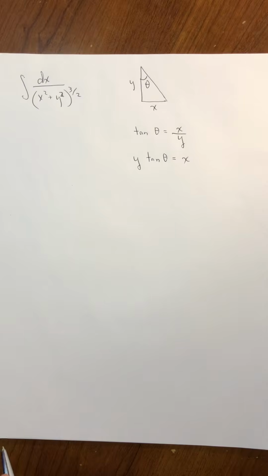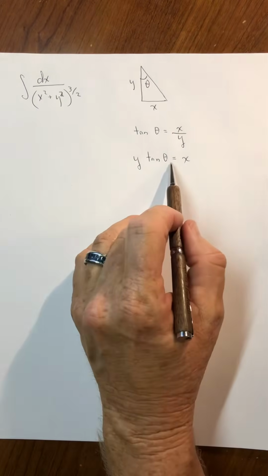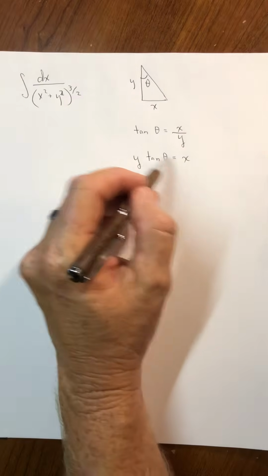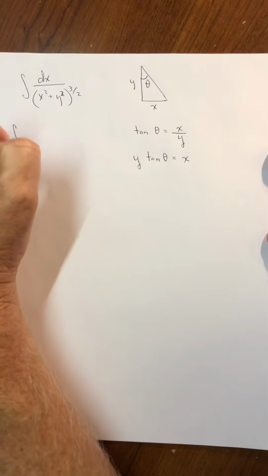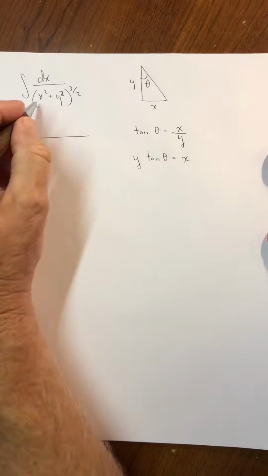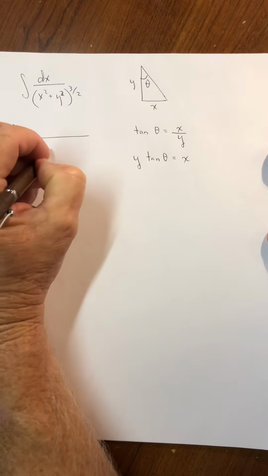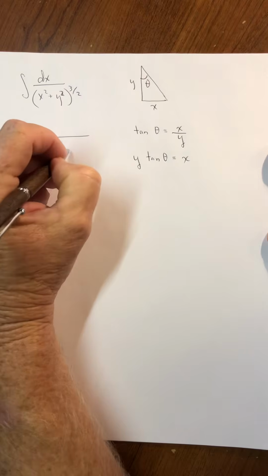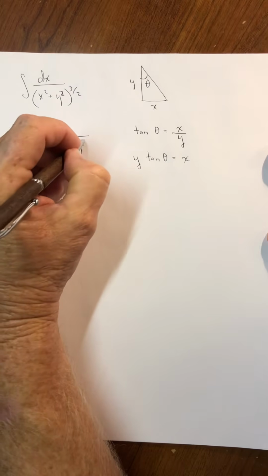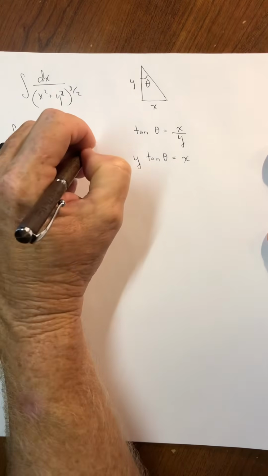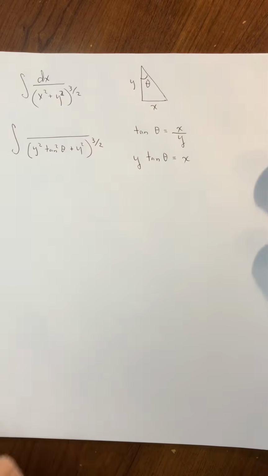The trig subs come out nice when you switch all these variables to theta. So in the denominator, let me replace x with y squared tangent squared theta plus y squared, to the 3/2 power.